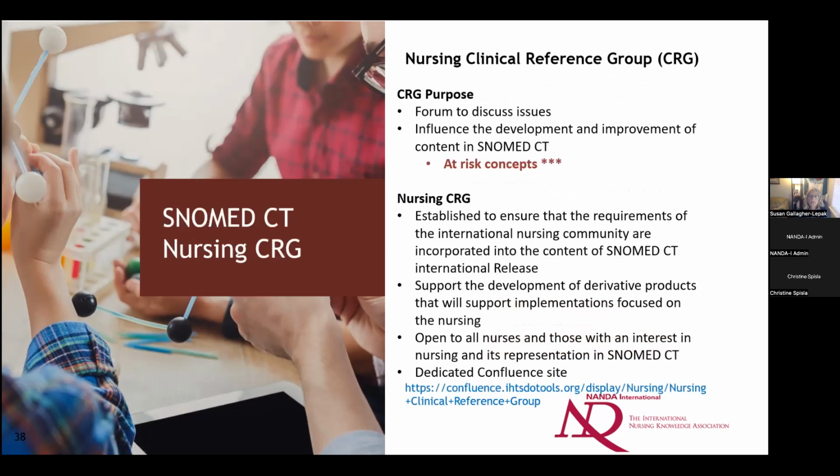I'm going to pause here and go off my slides a little bit. Nursing content within SNOMED CT was added, I believe, starting in the 1990s. And NANDA was one of the first nursing terminologies to be added into the terminology. So there's been a lot of support for clinical documentation for nursing for quite some time in SNOMED CT.